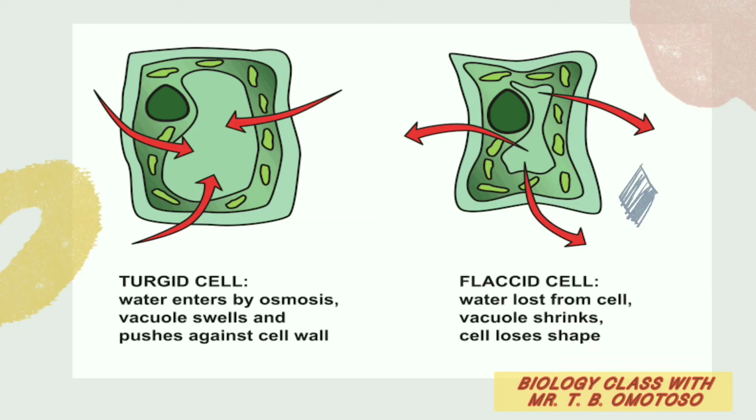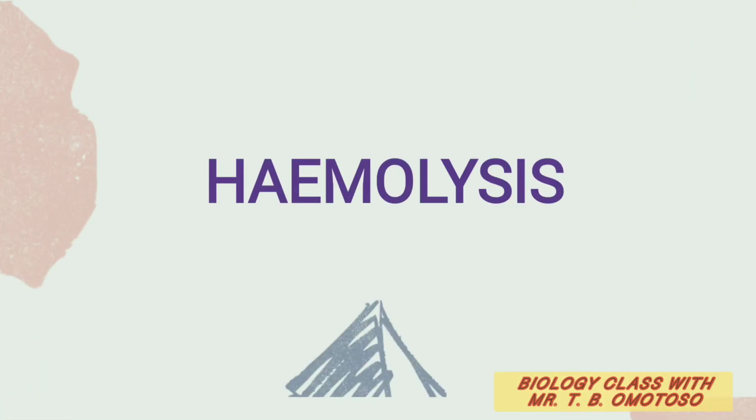So the amount of water lost from the plant is greater than the amount absorbed, so the cell becomes flaccid. Such continuous loss of water to the surroundings may cause the plant cell to wilt or even die if it continues for a very long time.